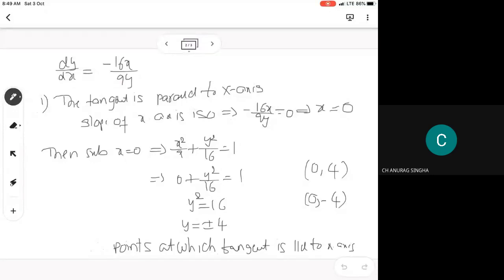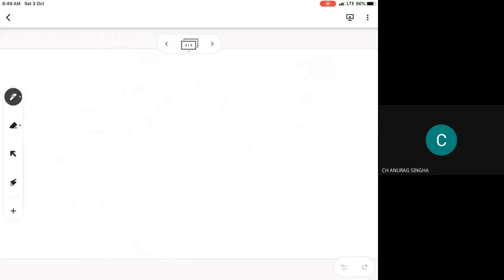you consider the slope of the normal to the given curve. The line which is perpendicular to the tangent is called the normal, isn't it? So in the second part, the tangent is parallel to the y-axis if the slope of the normal is 0.